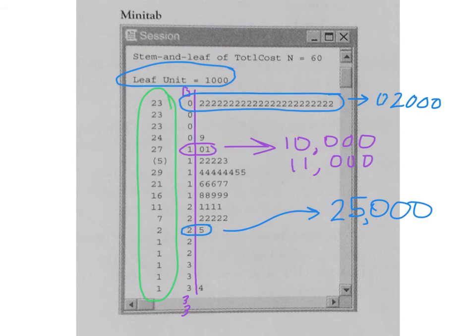A leading 0 just doesn't do anything for us. It just tells us that we have 2,000. And we have 2,000 23 times. It's a pretty long branch there, but we've already split the stems as much as we could. So again, this is the 23 community colleges that are $2,135 each year.